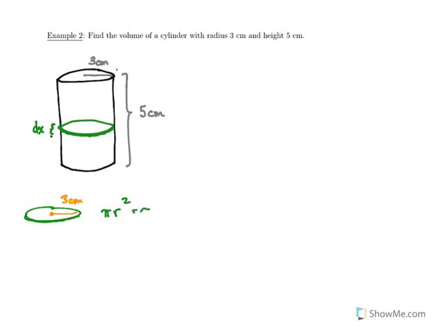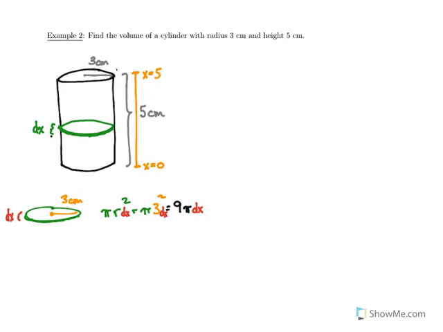So that's going to give us pi 3 squared, which is going to give us 9 pi times the itty bitty dx is the volume of the slice. Now we're going to have a slice for every x value in between x equals 0 all the way to x equals 5.